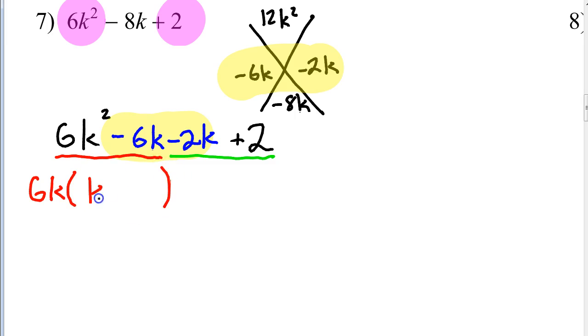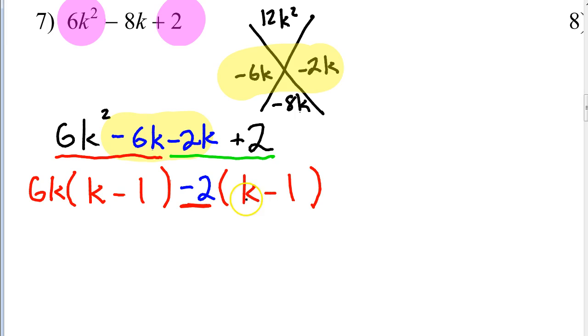So left over, we'll have k minus 1. You can always check. 6k times k should equal this. 6k times this should equal this. Know that the next one should be identical. K minus 1. And you have to find the missing number that will have you multiply the negative 2k plus 2. So that comes out to negative 2.